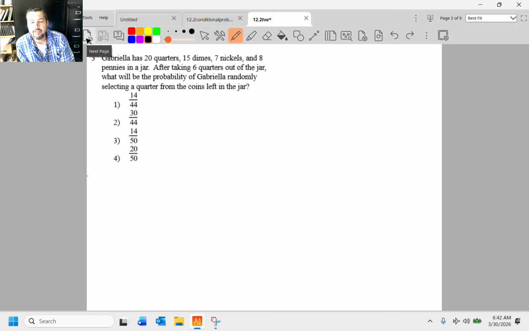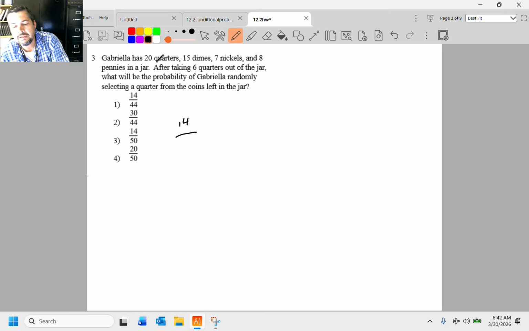Let's see, number three. Gabriella has 20 quarters, 15 dimes, 7 nickels, and 8 pennies in a jar. After taking 6 quarters out of the jar, what will be the probability of Gabriella randomly selecting a quarter from the coins left in the jar? We just need to realize that there are fewer quarters. Now there are 14 quarters.